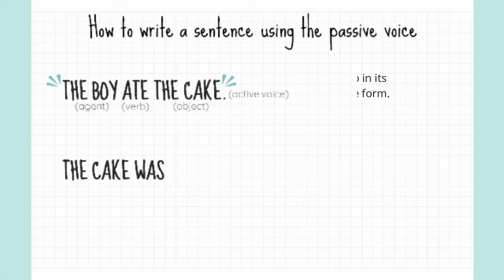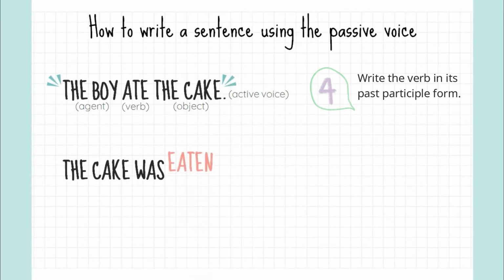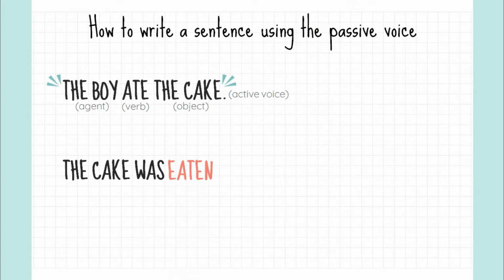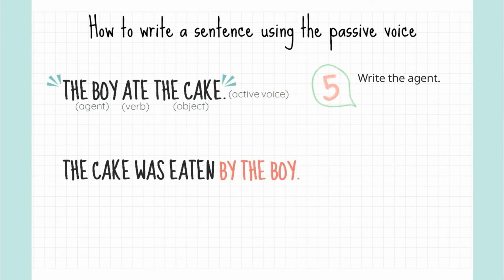Step 4. Now we need to transform the verb ate to its past participle form. In this case, the past participle form of the verb ate is eaten. You can click here to see a list with the past participle form of different verbs. Step 5. Move the agent after the verb. Step 6.